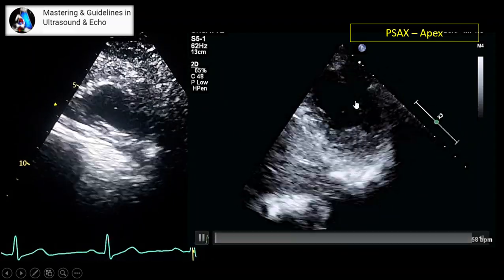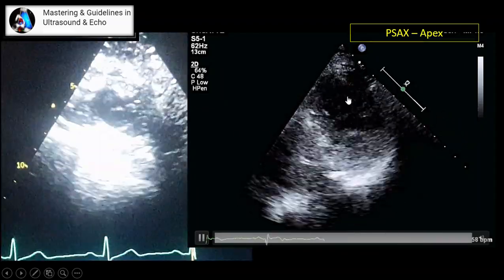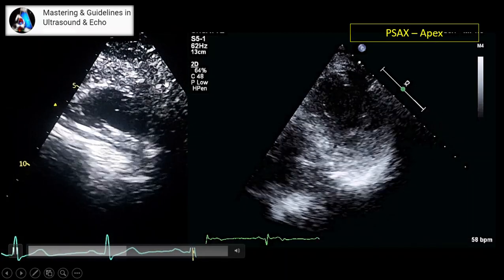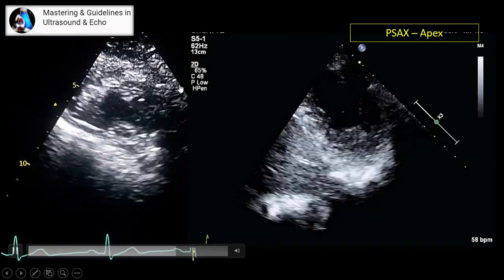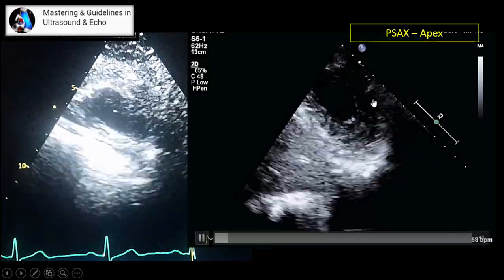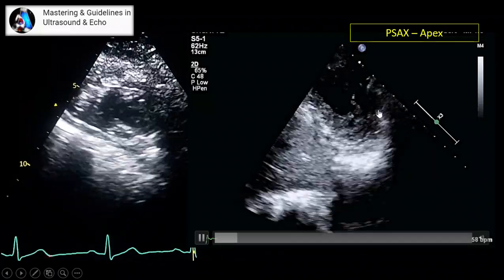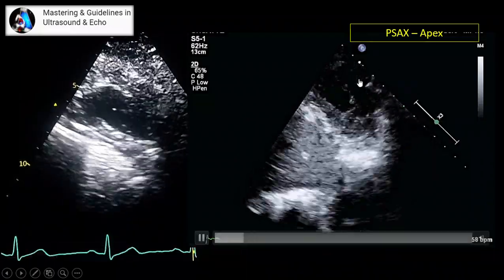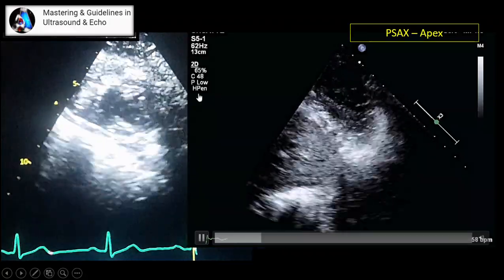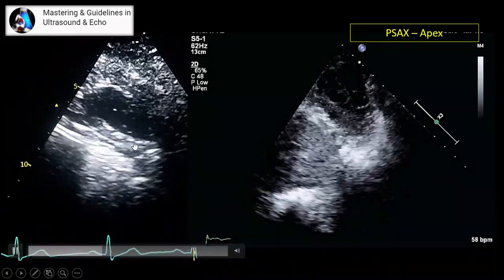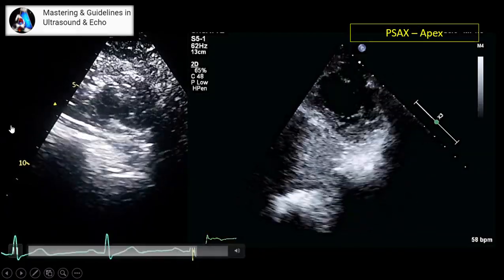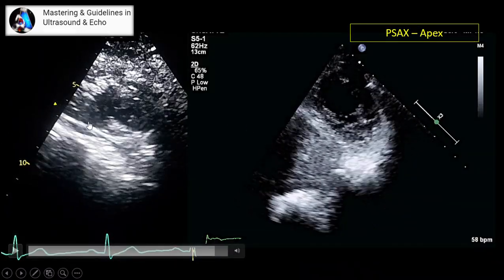First of all, if you notice, this is oval shaped. Second, if you are in the right axis and we get a correct image, the apex twists counterclockwise like this, but this one has just a radial contraction. This is off axis, this is the correct axis, because this one has been angled from the base to the apex. This one has been slid to the apex, and we are in the right axis at this level.